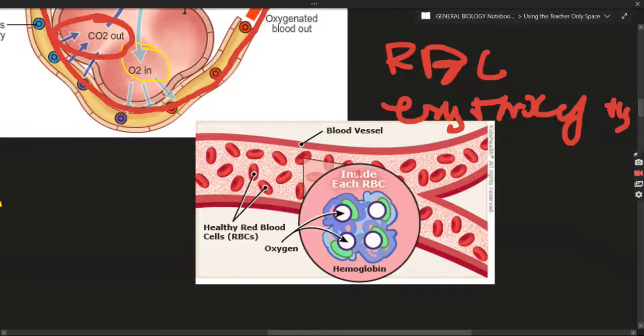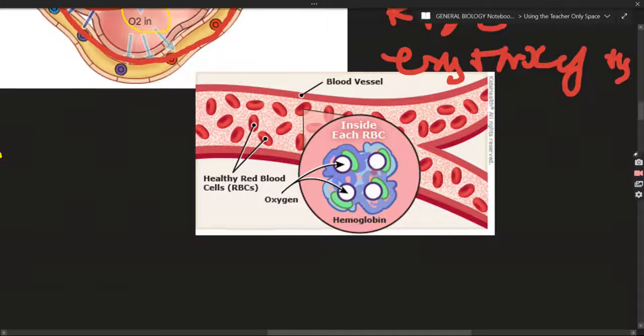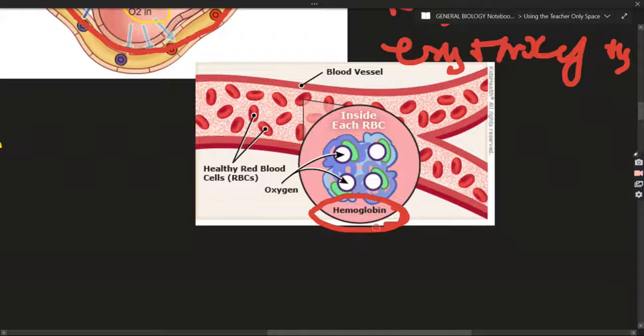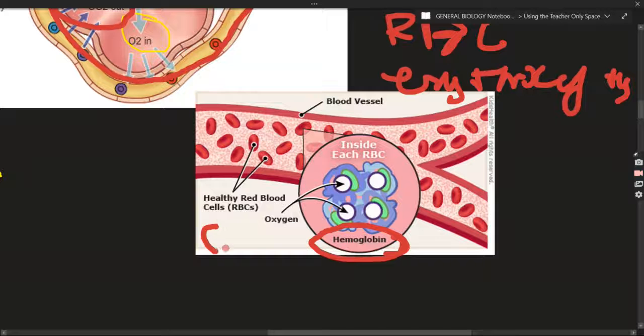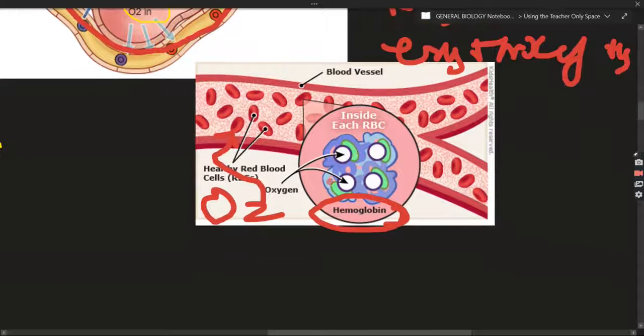RBCs are known for having hemoglobin. Hemoglobin is a type of protein. It contains 4 iron rings or heme groups where oxygen can bind. So for example, if this oxygen diffuses in towards our red blood cell, it will bind to your iron. And iron is found in your hemoglobin.